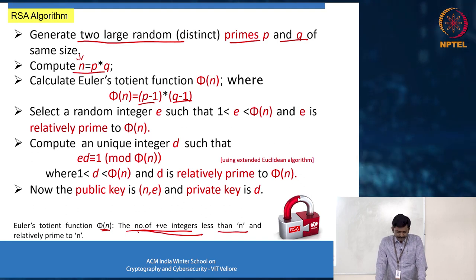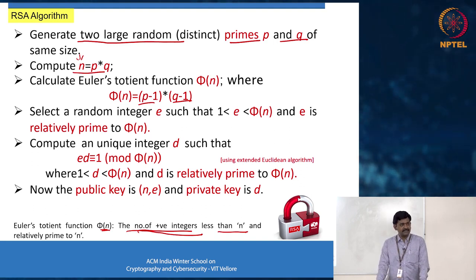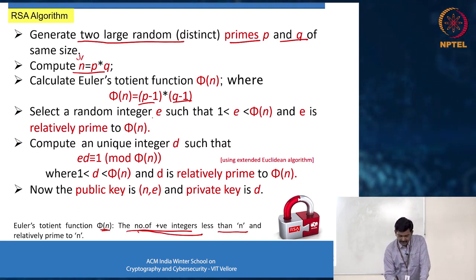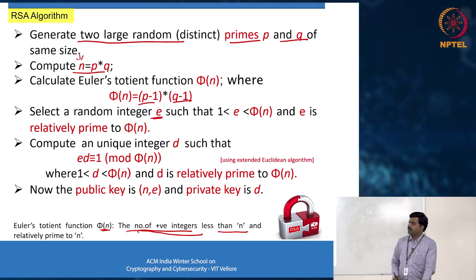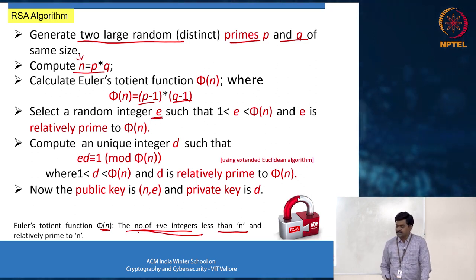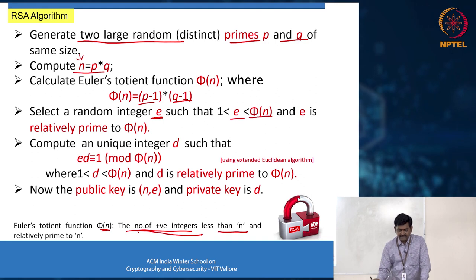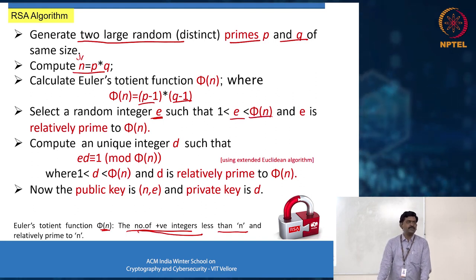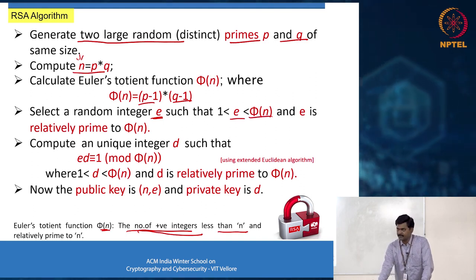Then the next step is to select a random integer e. What is the condition for selecting such an integer? e should be less than psi of n, and e should be relatively prime to psi of n.